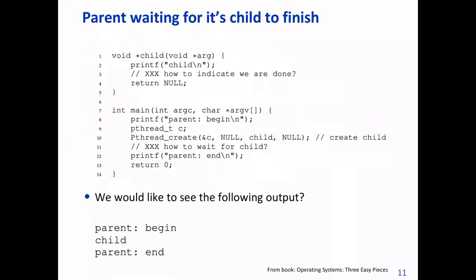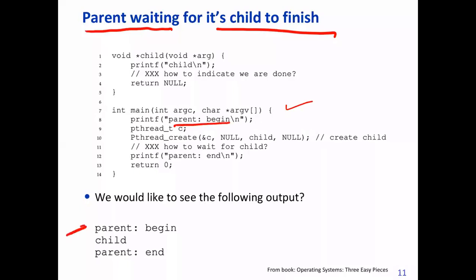Now if you try to implement wait, wherein a parent is waiting for its child to finish, very simple code will look something like this. Here the main code starts, or the parent starts, and it will print parent begin.